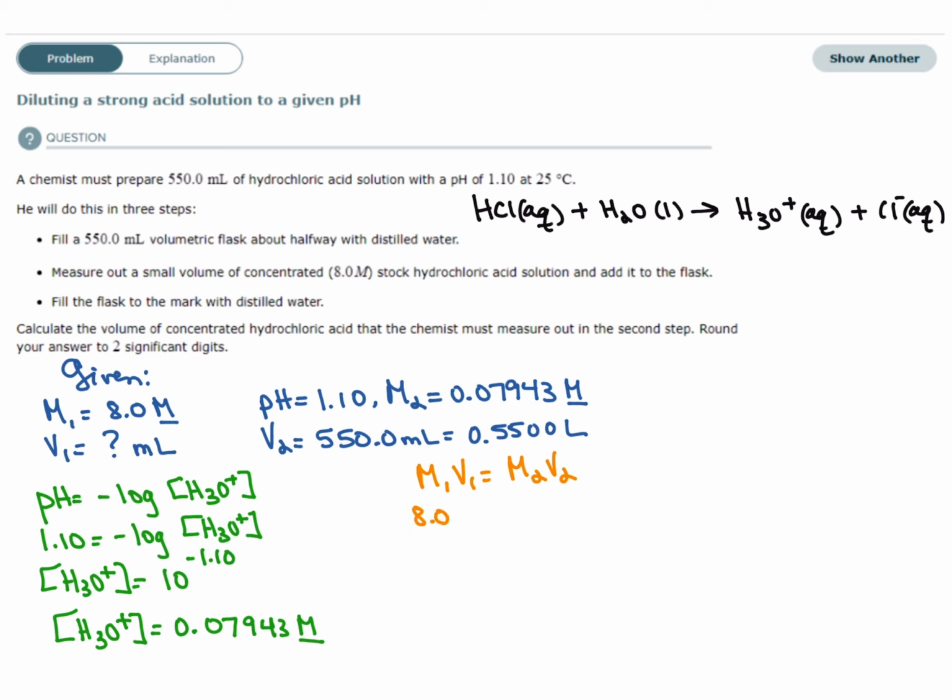I'm going to plug in my numbers, and this will give me an answer in liters. But our final answer needs to have two significant figures and be in milliliters. So my V1 is 5.5 milliliters. Good luck and keep practicing.